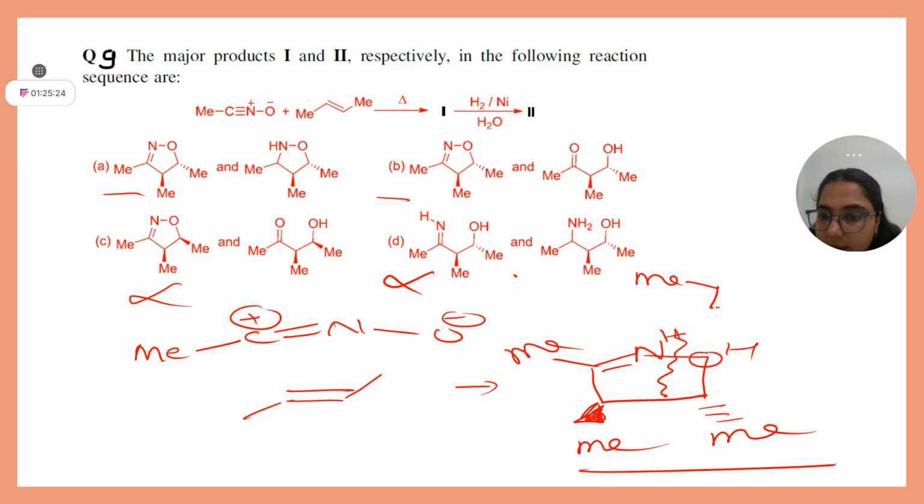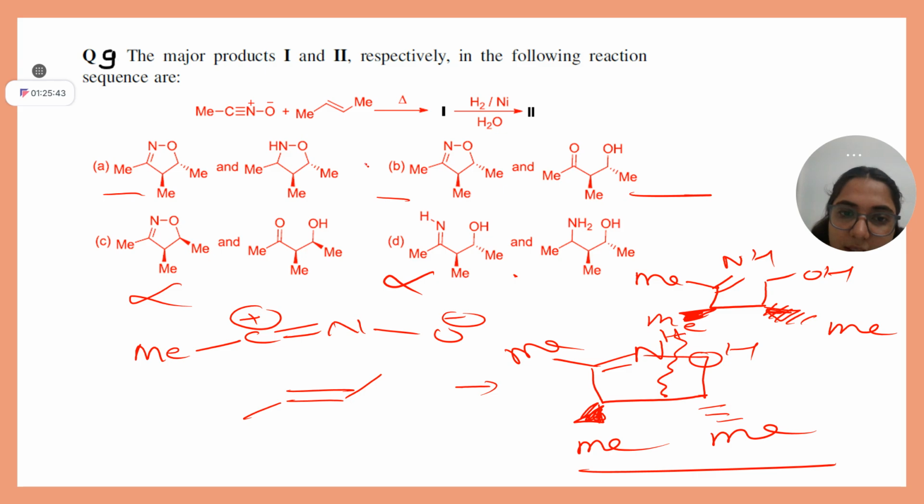Me, double bond NH and here OH. Now H2O is also given. Yes or no? Imine will hydrolyze to your ketone. So your B answer is correct. Clear? Yes, ma'am. So it is 1,3 dipolar cycloaddition followed by subsequent functionalization.